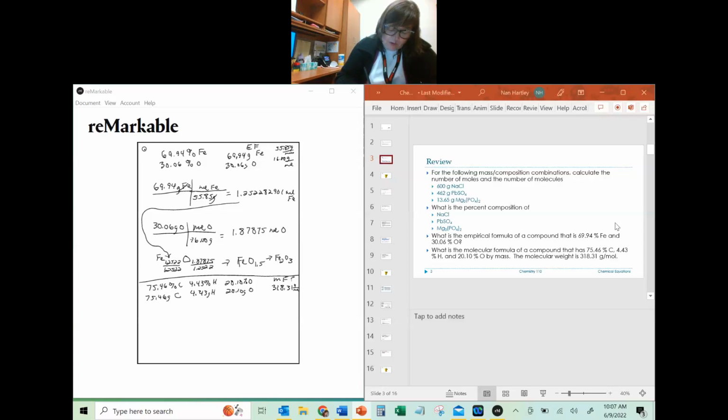Molecular weight of carbon is 12.01 grams per mole. Molecular weight of hydrogen is listed here as 1.01. And oxygen is listed as 16.0 grams per mole. I am going to convert all of those to moles. So 75.46 grams of carbon divided by 12.01 grams of carbon per mole. Leave that for a second.